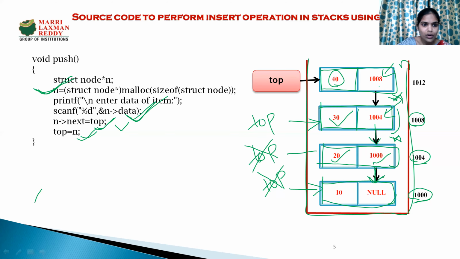So 1008 is stored and I have to make this the top. So top is moved from this to this by the help of the statement top equals n. Now this is top. This is how we create a node and insert it into the stack, and how we establish the link between these nodes on the stack. This is how a push operation works.